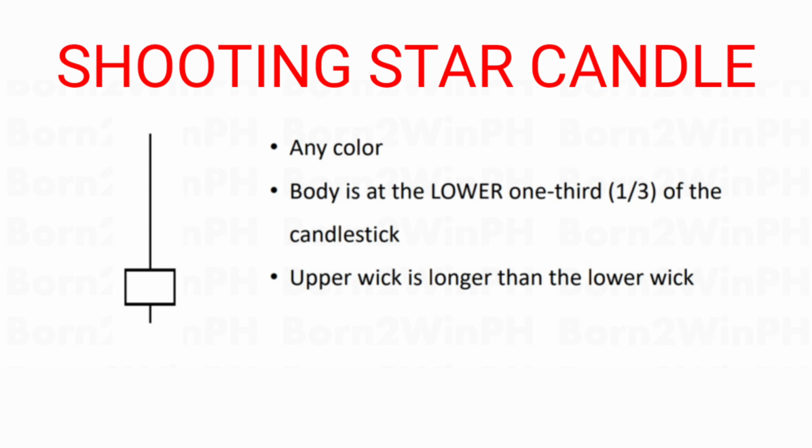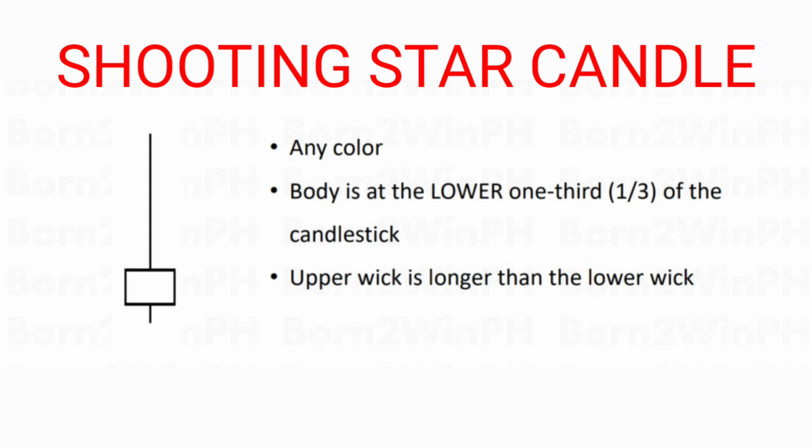This is the other candlestick that represents a potential swing low or sell position, the shooting star. The only difference between the shooting star and the hammer is that the lower wick line is shorter than the upper wick line, which is located on the upper body of the candlestick.